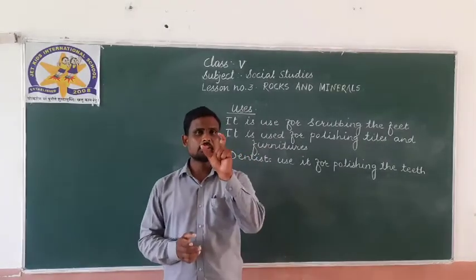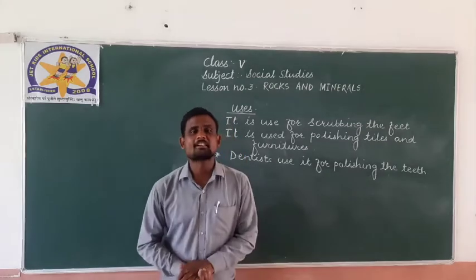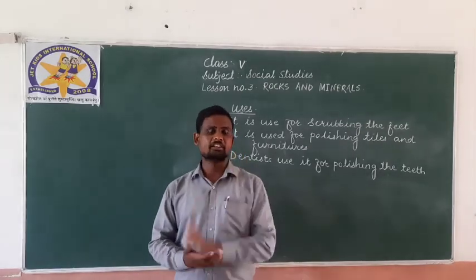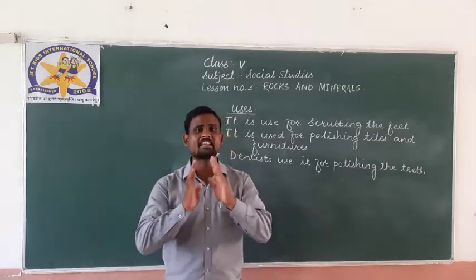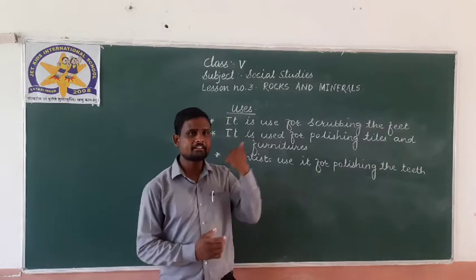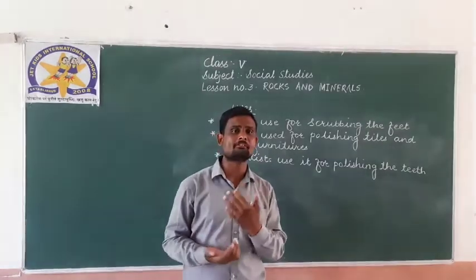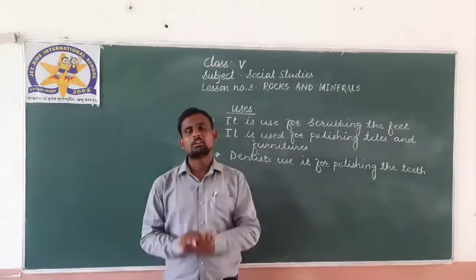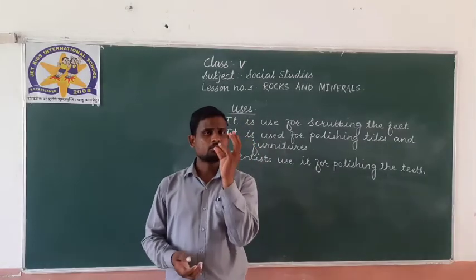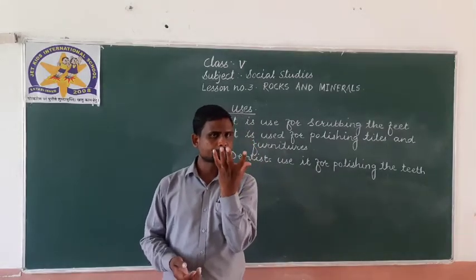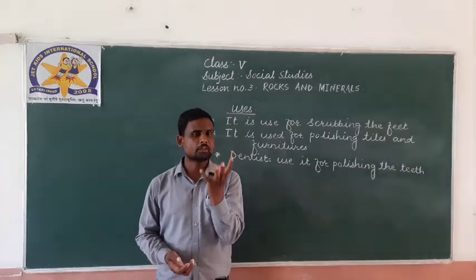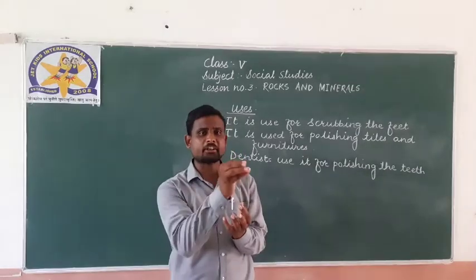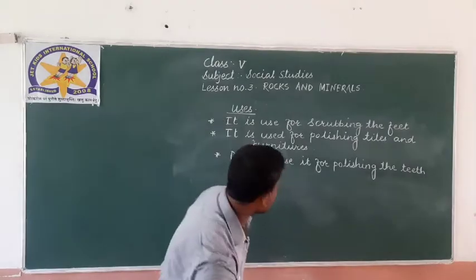Okay, so the properties now. Pumice rocks are light in color. Its color is like ash, and these pumice rocks are made up of what? Magma or lava. Now if you observe a pumice rock in your hand, you will see air pockets in it.